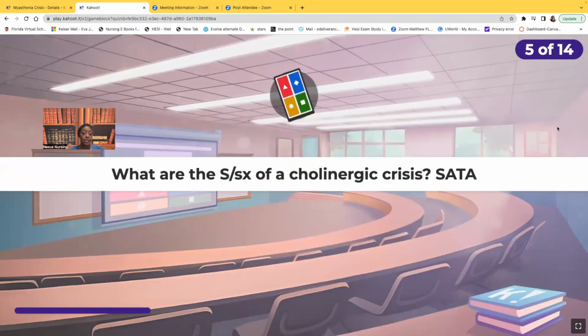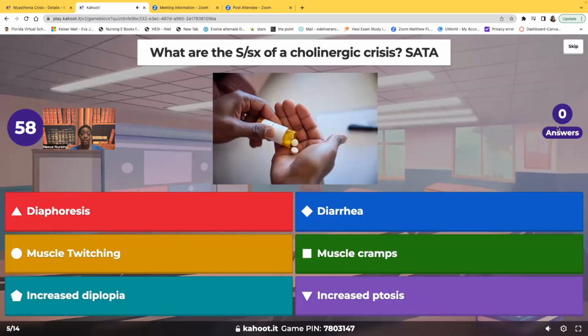Select all that apply. All right, what are the signs and symptoms of cholinergic crisis? Think about the signs and symptoms you expect to see in the patient that is over medicated with those anticholinesterase agents. Here are your choices. Diaphoresis, where they're sweating all over the place. Diarrhea, muscle twitching.